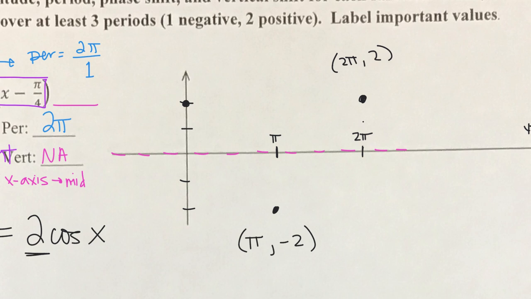Okay, so the next halfway is where it crosses the midline. It's going to cross our midline here and there, right? Halfway between your max and your min, we have a 0. And a 0 is the point where the graph crosses the midline. And that's one complete cycle. Okay, so we're going to use a dashed line. And remember, we're going to have a nice smooth and curvy graph.